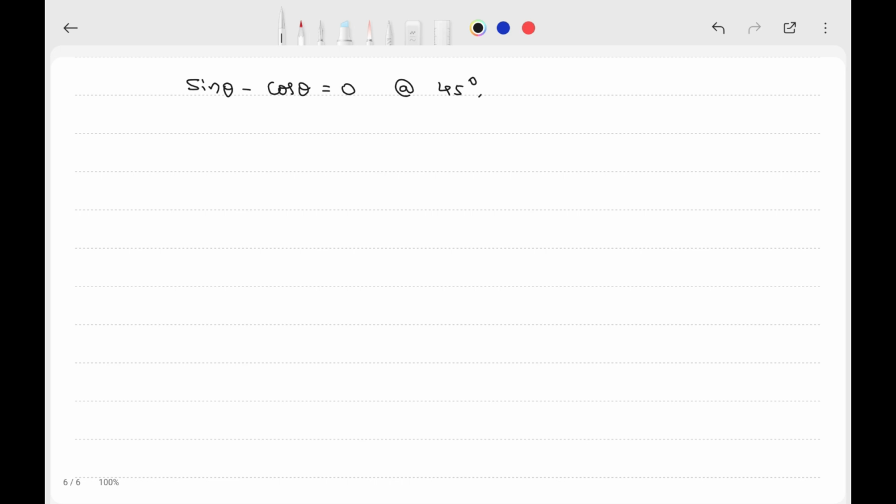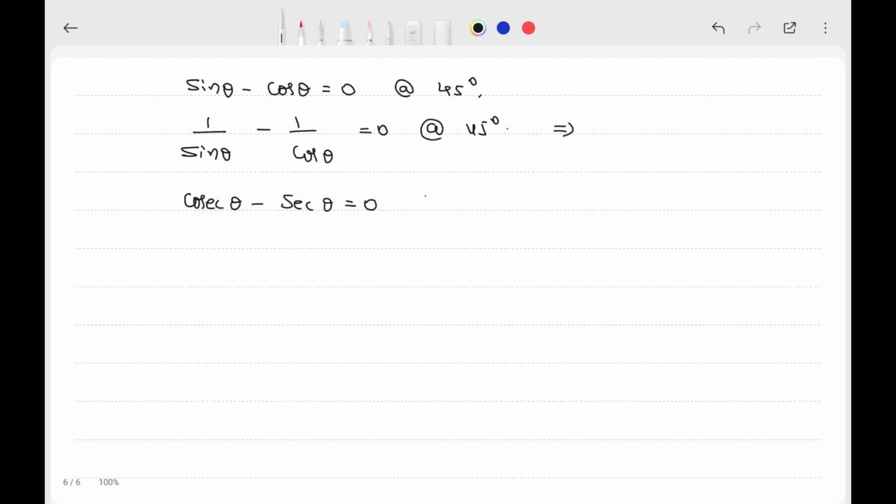Or it can be written as 1 by sin theta minus 1 by cos theta is equal to 0 at 45 degree. I am only reversing, that's all. Don't worry. That implies cosecant theta minus secant theta is equal to 0 at 45 degree, that is equal to pi by 4.